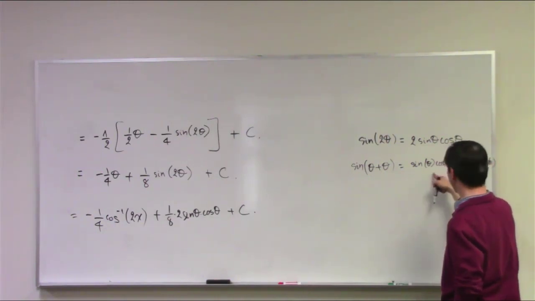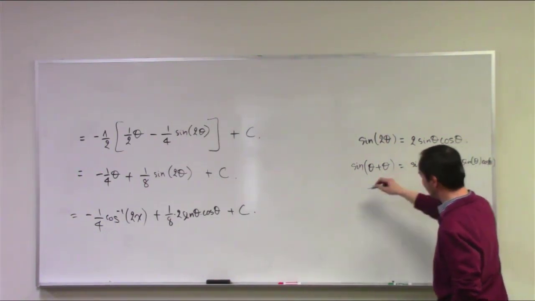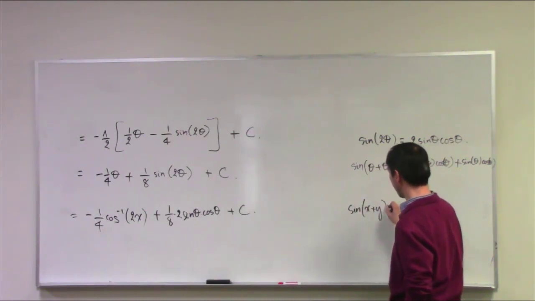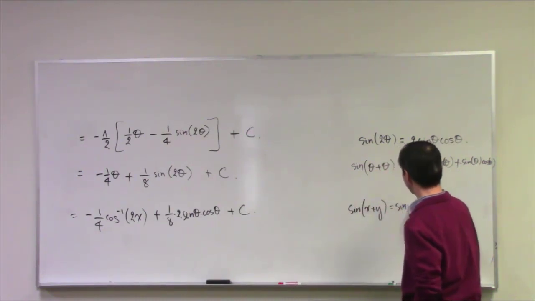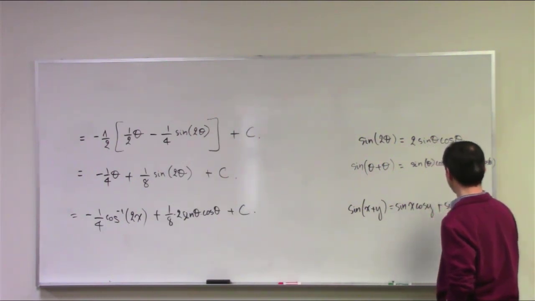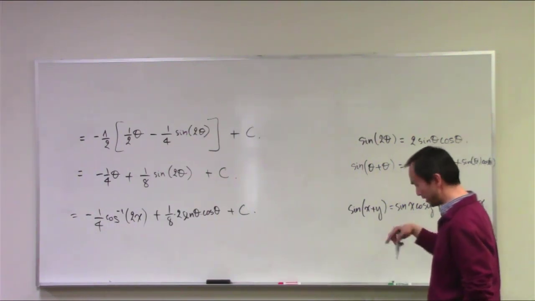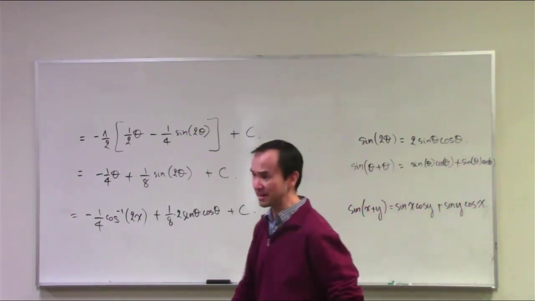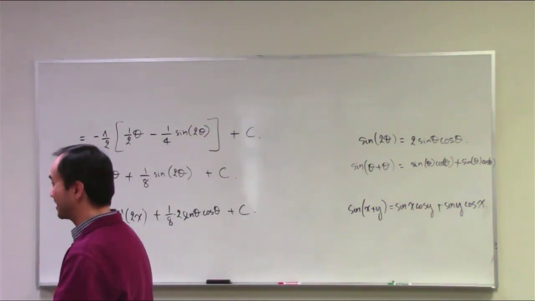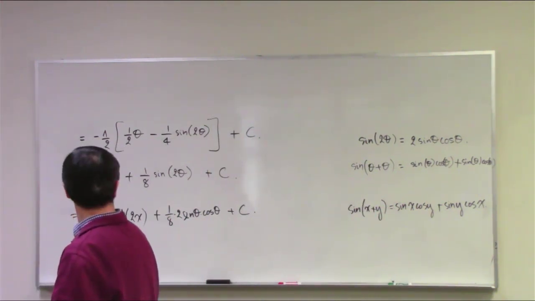See what I'm saying? These added up give you that. So this identity you need to remember, the sine of a sum: sine of x cosine of y plus sine of y cosine of x. There are a few tricks that you've got to remember, but not too many, and then the rest you can derive as consequences.